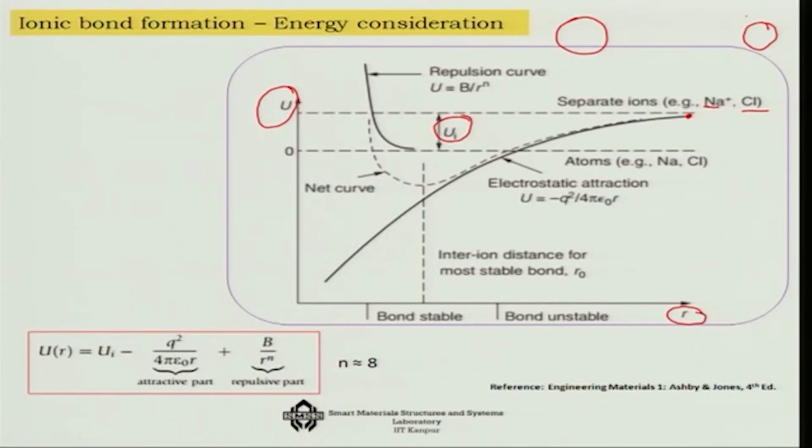As they approach, the distance between the two, r, is coming down, and you can see that the attraction energy is increasing exponentially. But I also told you that these two atoms will never collapse into each other. Why?